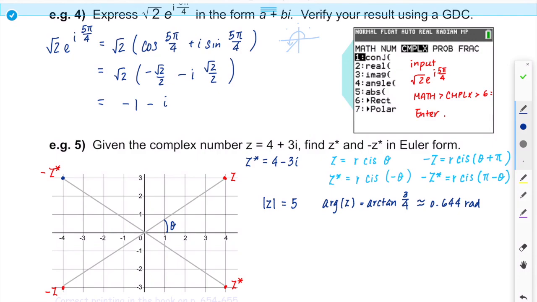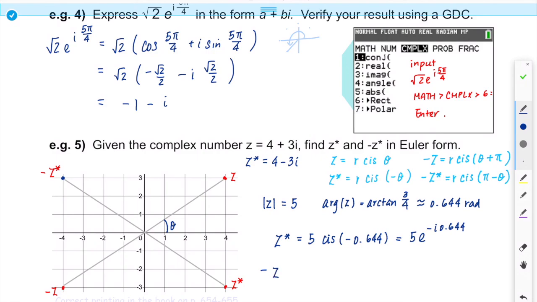In other words, z star would be 5 cis negative 0.644, or in Euler's form 5e to the negative 0.644i.